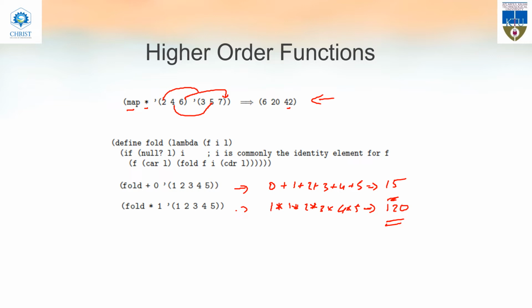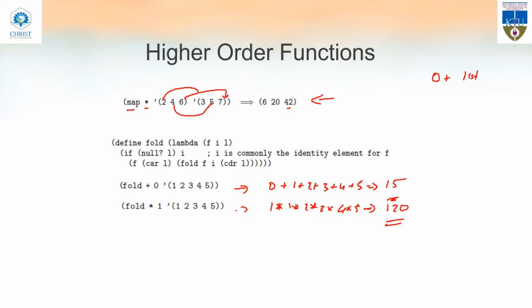If you need to understand the logic, you can just remain here. So how does this fold function work? I am giving 0 plus a list. I need to extract the elements one by one from this list.